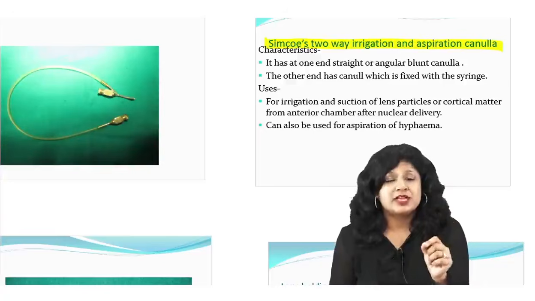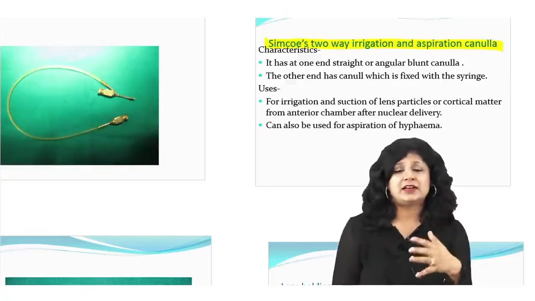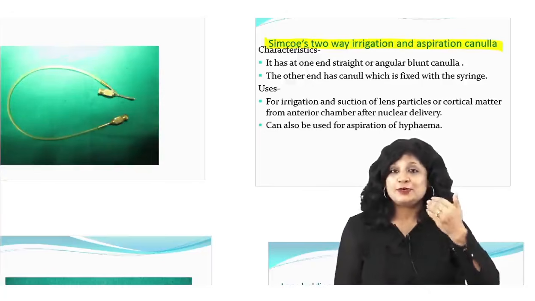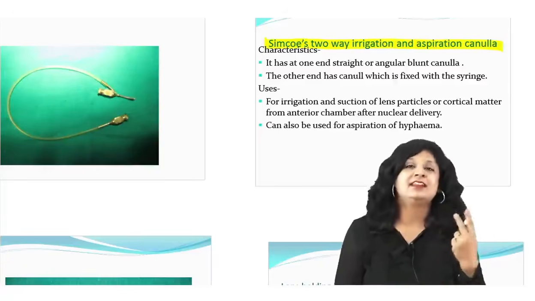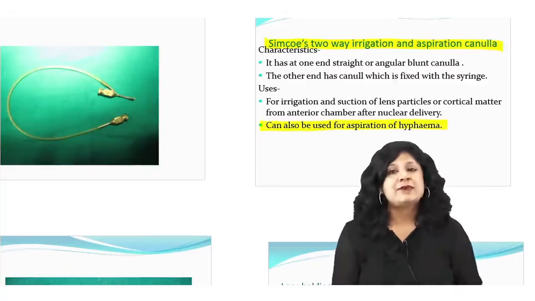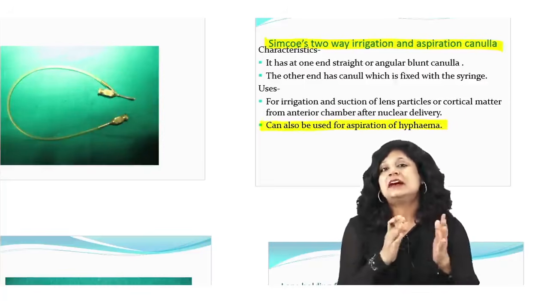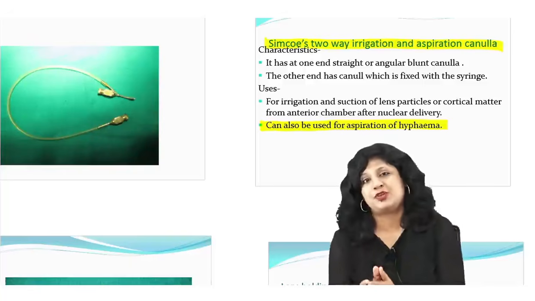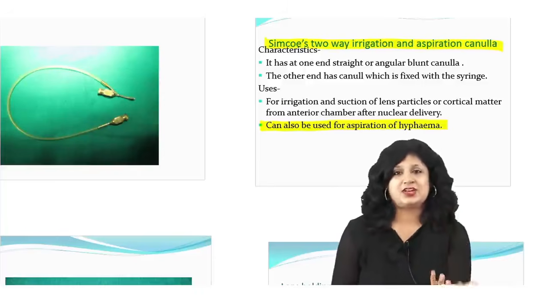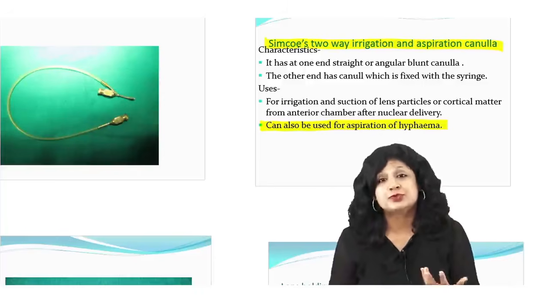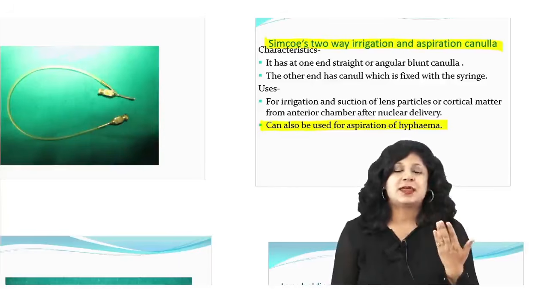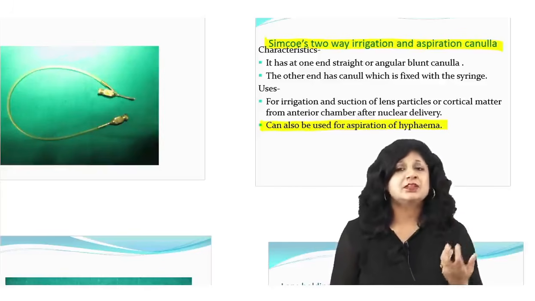Now one more use, sometimes when your viva is going good and the examiner is expecting something extra from you, and if you want to get that extra marks, then always remember it can also be used for the aspiration of the hyphema. Hyphema is again the most common early post-operative complication of cataract surgery, and many a times when we open the padding and bandaging of the patient on the first post-op day after the cataract surgery, you see blood inside the anterior chamber and you want to aspirate it.